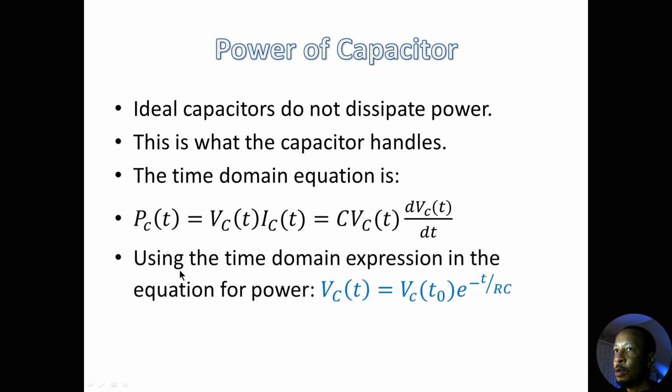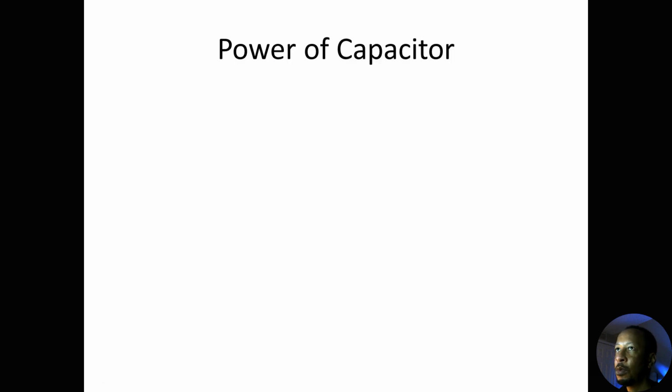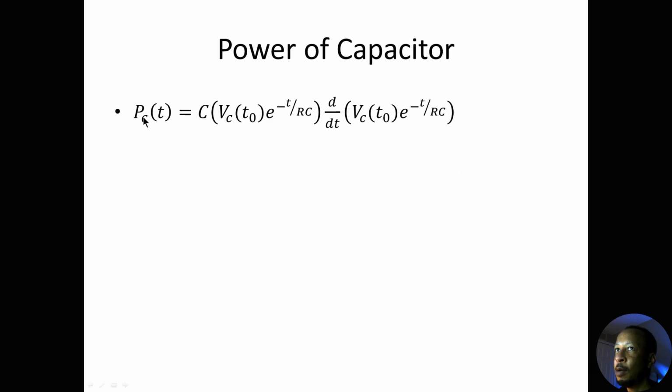And so using the time domain expression in the equation for power, what did we have? We had VC of t equals VC of t sub 0 times e to the negative t divided by RC. We are now going to have PC of t equals C, in parentheses, VC of t sub 0 times e to the negative t divided by RC times d VC of t sub 0 times e to the negative t divided by RC divided by dt.